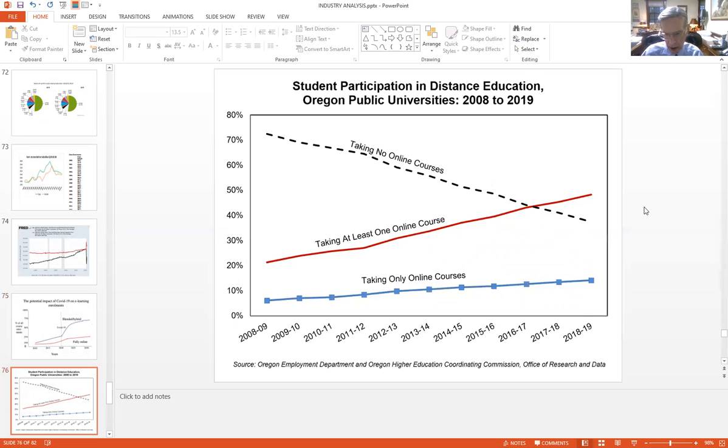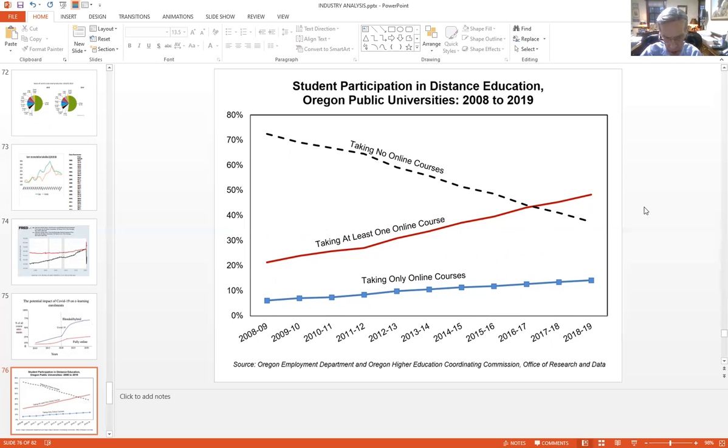But you can see that there's been a big increase in online and partially online learning. Here's a way of looking at it a little more simply: what portion of students are taking at least one online class? What portion are taking no online courses? And you can see how drastically that has dropped, and how drastically from 20% to 50%, at least one online course.